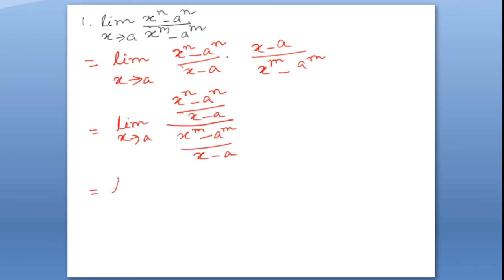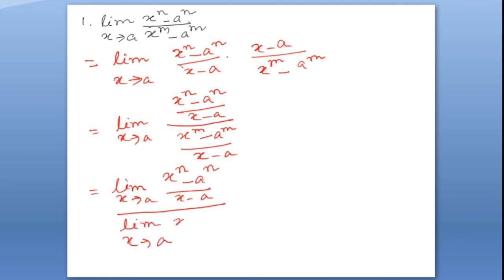Now according to the rule we can write limit x tends to a, (x to the power n minus a to the power n) by (x minus a), divided by limit x tends to a, (x to the power m minus a to the power m) by (x minus a).